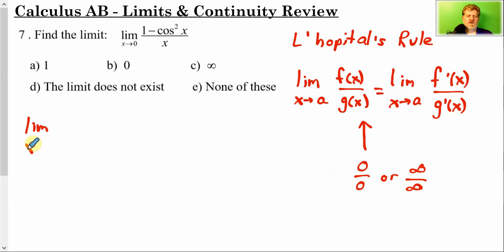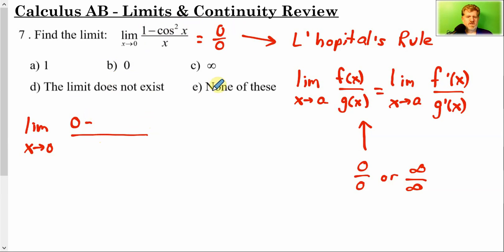Now, as we saw the last time we did this problem, when I plug in 0, I get 0 over 0, which means I can use L'Hopital's rule. So let's do it. Take the derivative of the top and bottom separately, not together. It's not the quotient rule. It's separately. What's the derivative of 1? 0. Minus, what's the derivative of cosine squared of x?